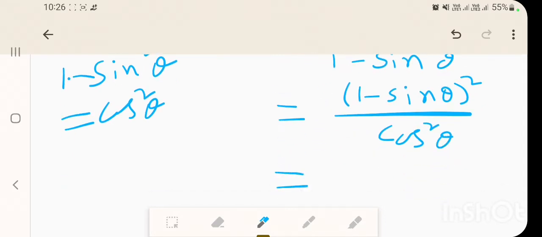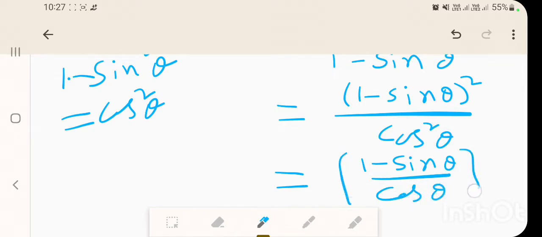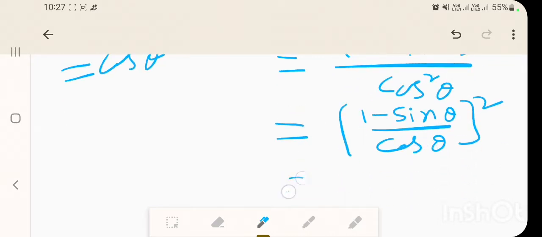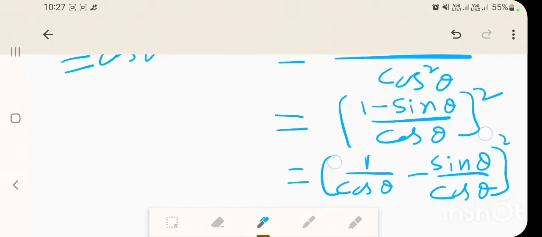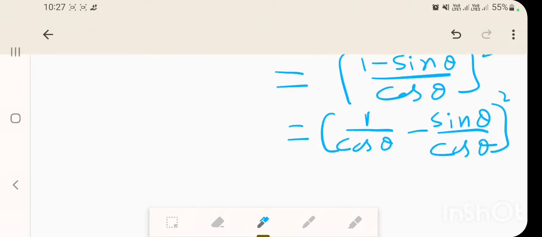Since for numerator and denominator the powers are the same, 2, we can combine it as 1 minus sin theta divided by cos theta whole square. Now we can write individually 1 by cos theta minus sin theta by cos theta, with the denominator cos theta written for both 1 and minus sin theta.